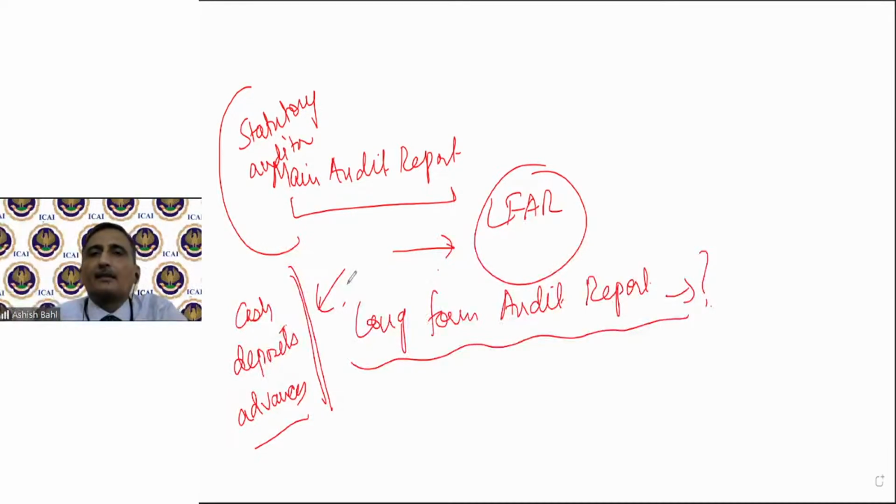There are various points. So when you go to conduct statutory audit of bank, you would also be giving your report on the specified matters in a report known as long form audit report, which we call in banking language as LFAR.